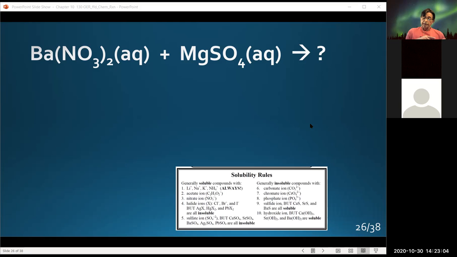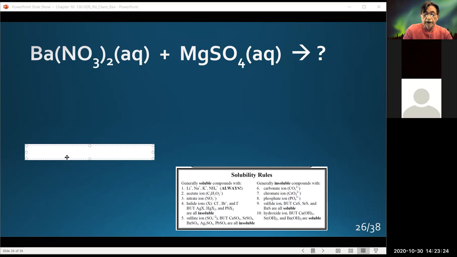So barium is now going to be bonded with sulfate, and magnesium will be bonded with the nitrates. So I would write new products in ionic form very quickly so I can check. So barium, I know that it will have a +2 charge. Okay.